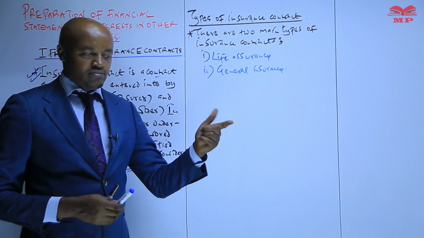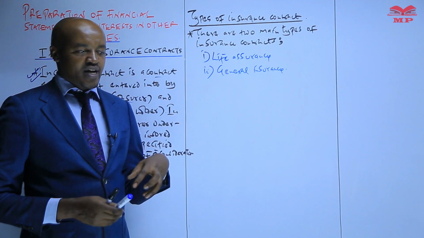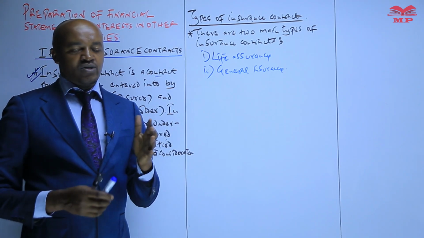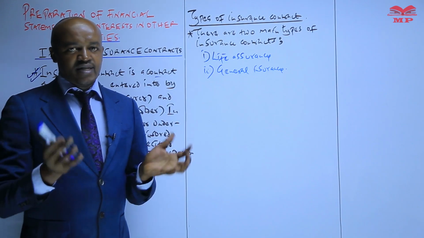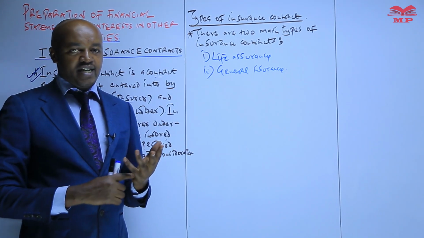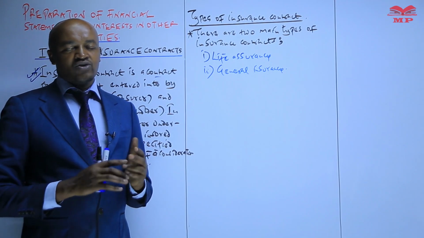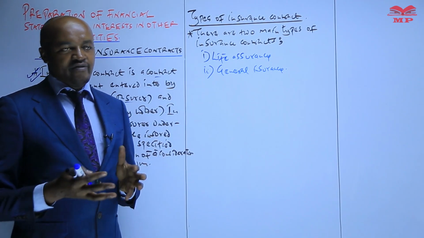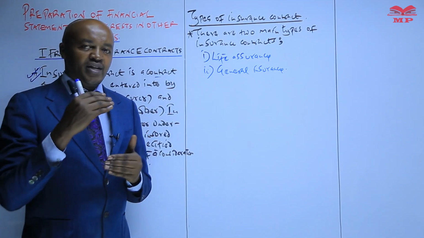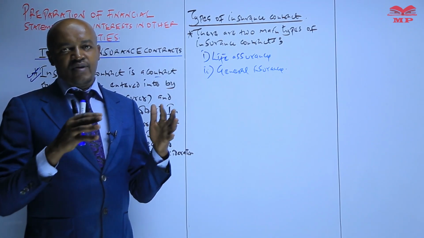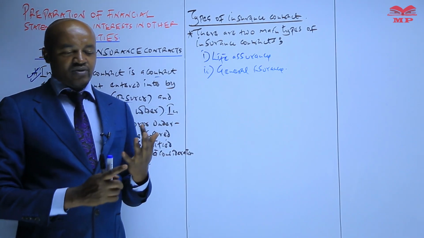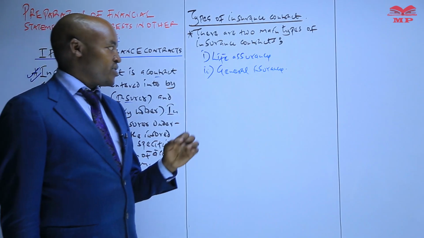He will be paying some premiums, and then the insurance company undertakes to pay a certain lump sum upon that person attaining a certain age, or upon the death of that person, whichever may occur earlier. That's why we refer to this as an assurance. So the insurance company, by the end of the day, will have to pay a lump sum to that person, or even to his dependents, either upon that person attaining a certain age, or upon his death.